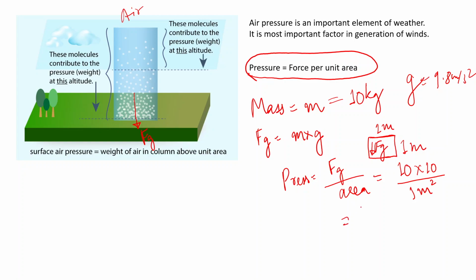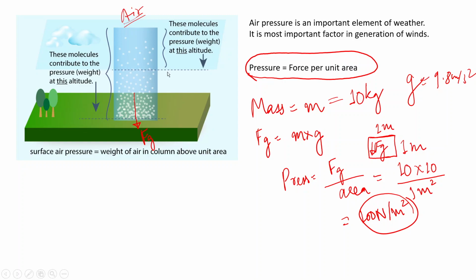So this will be 100 Newton per meter square. So this will be the pressure which is applied by this column of air over this area, which is 1 meter square.